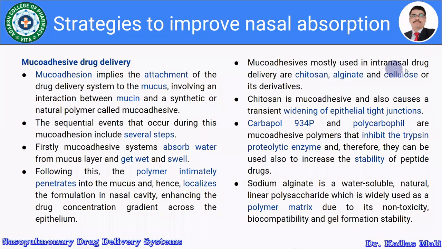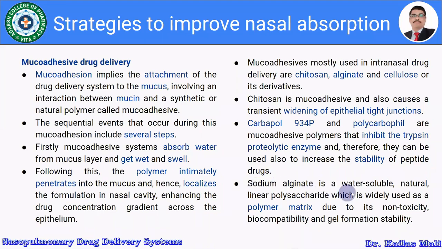Mucoadhesives mostly used in intranasal drug delivery systems are chitosan, alginate, and cellulose or its derivatives like carboxymethyl cellulose. Chitosan is a mucoadhesive and also causes a transient widening of epithelial tight junctions, thereby increasing the permeability of the drug. Carbopol 934P and polycarbophil are mucoadhesive polymers that inhibit the trypsin proteolytic enzyme, and therefore they can also be used to increase the stability of peptide drugs.